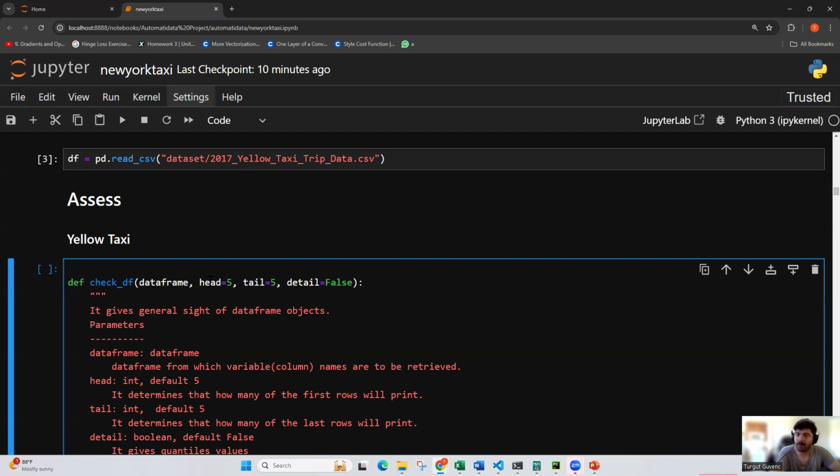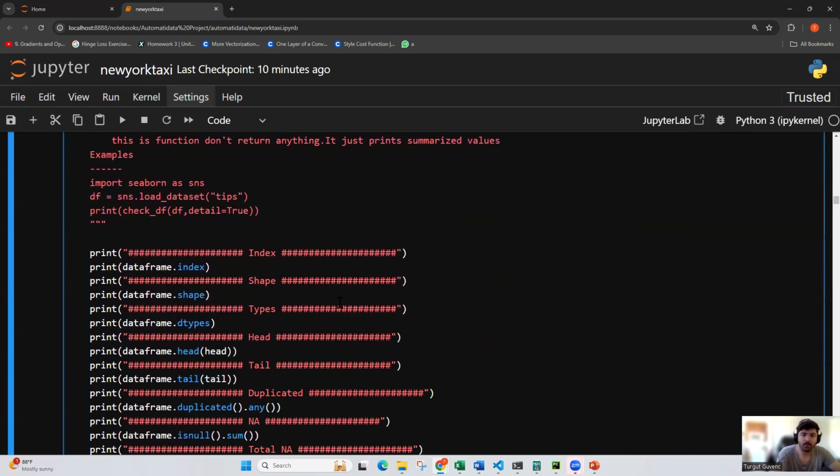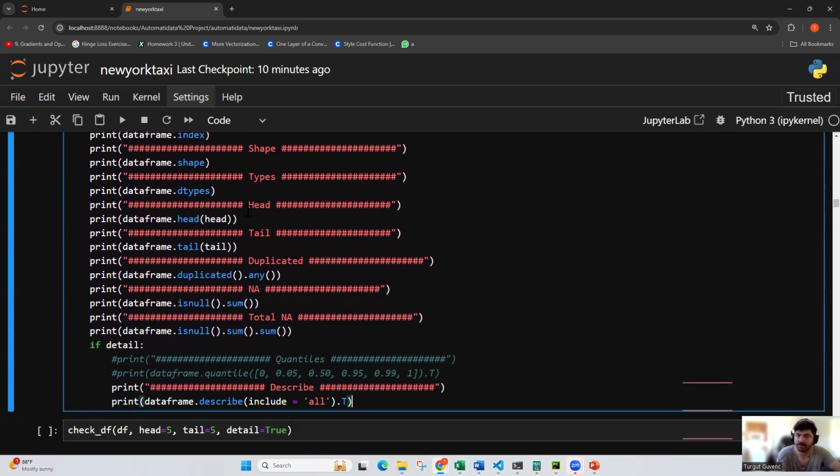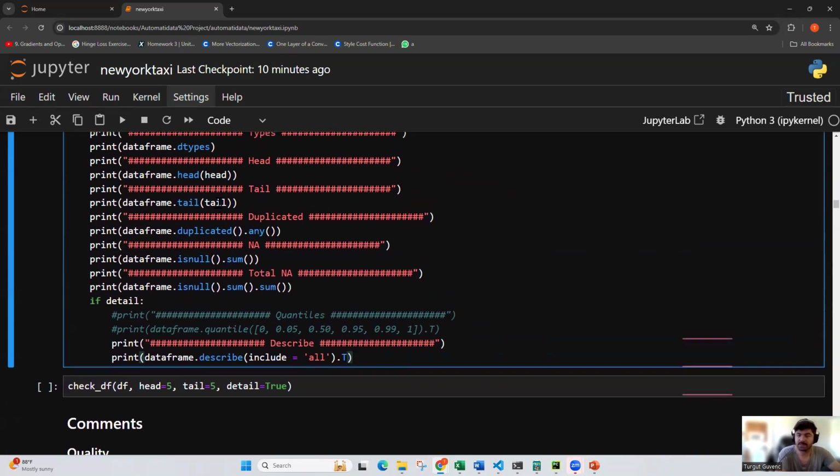We have some arguments here: head and tail set to 5, which are the values shown at the beginning and end, and detail set to false. What it does is get the index, which shows the index of the data set, and the shape of the data set. We will see the type of each column, for example object, integer, float, or datetime values, and also head and tail.